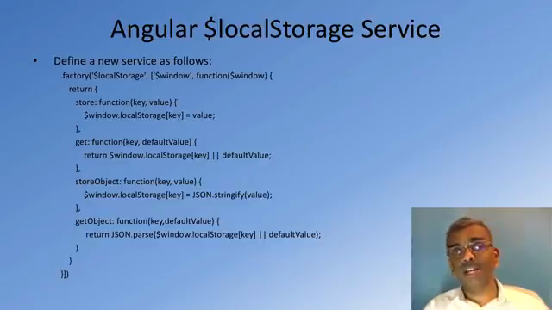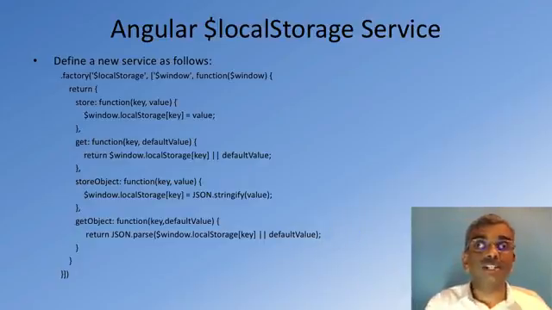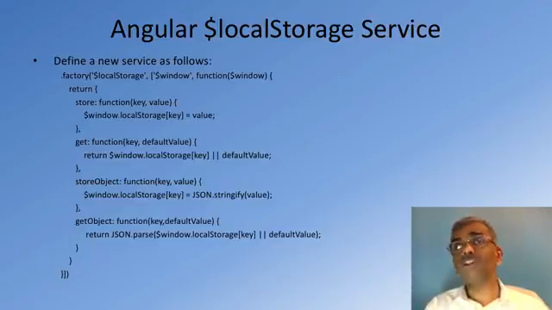When you retrieve that from the local storage, you are then converting the JSON string back to the JavaScript object by parsing the JSON string and returning that value. We can also supply a default value which will be returned in case you do not find the value that you're looking for.